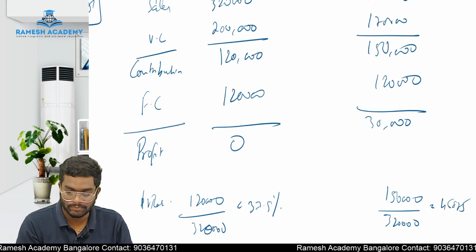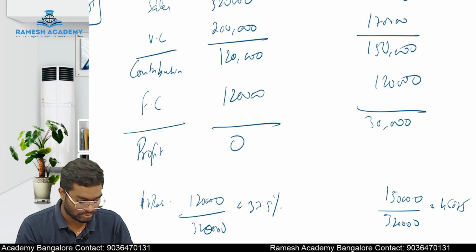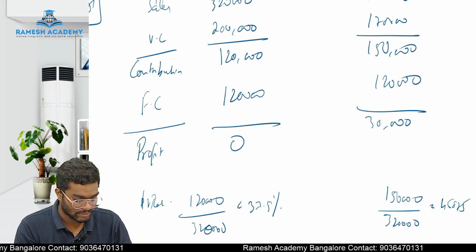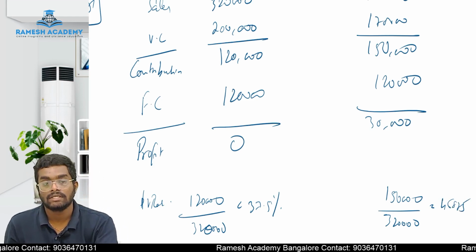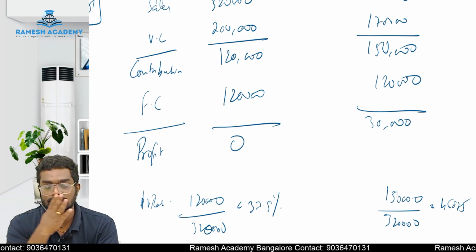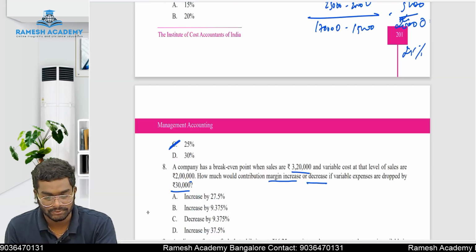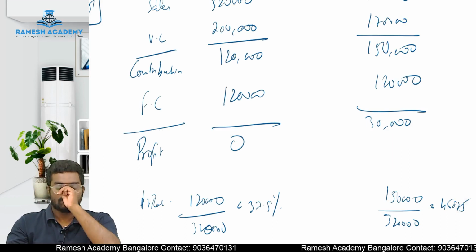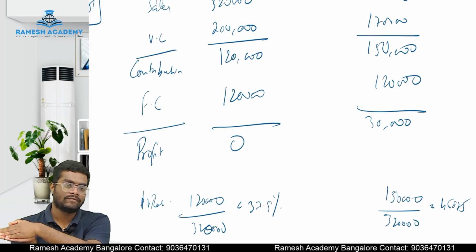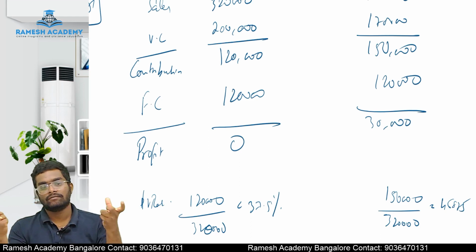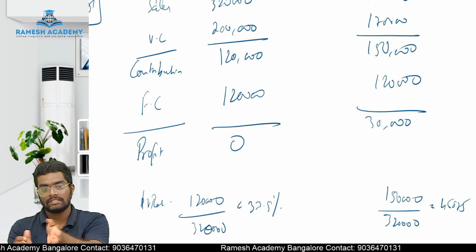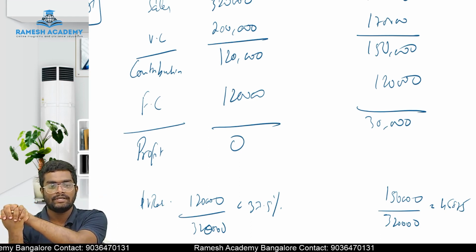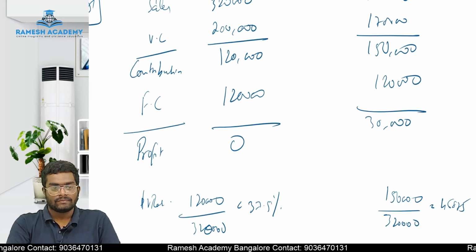So the difference between the old PV ratio and the new PV ratio is 46.875 minus 37.5, which is 9.375. The PV ratio has increased. So do we have the option? The variable contribution margin means the PV ratio is increased by 9.375. So done. So we have an existing position, we have to find out the new position. Then what is the difference? What has increased? Here the contribution margin has increased by 9.375. So that is done.